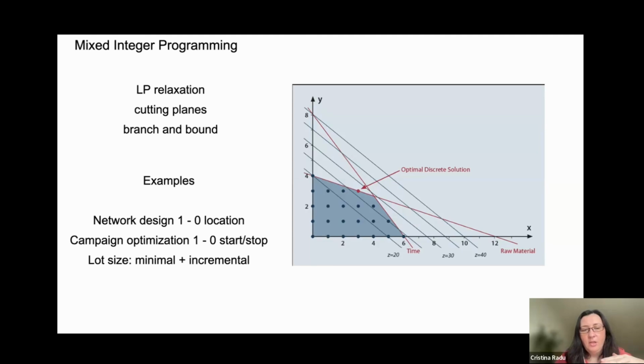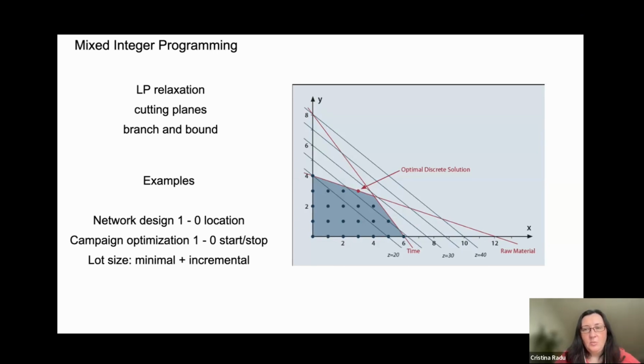Lot size is when you have a minimal lot size plus increments. So for example, your minimum lot size is 50, and then you need to produce in increments of 5. So minimum is 50, then 55, 60, 65, and so on. So for this incremental, you use integers.